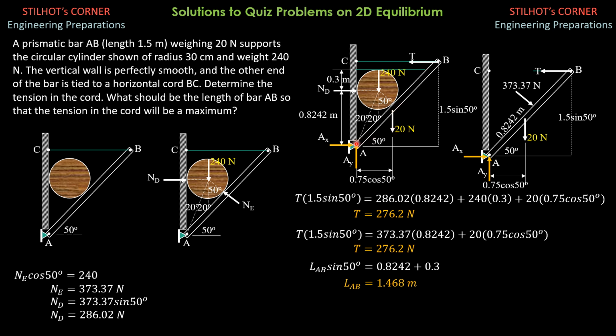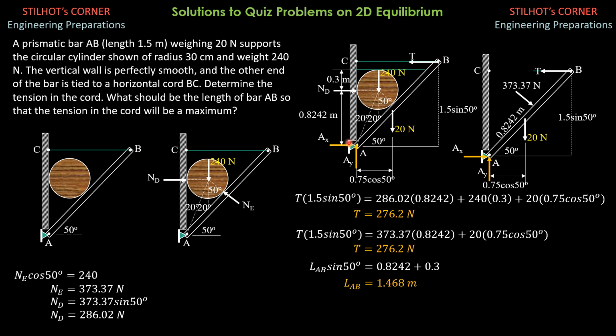Since the distance from A to that point is half the length of AB because the bar is prismatic, from A to the point of application of this 20 newton force should be half of AB, which is 0.75. And since it is inclined, the horizontal projection is 0.75 cosine of 50 degrees.